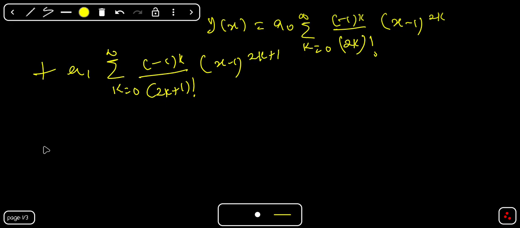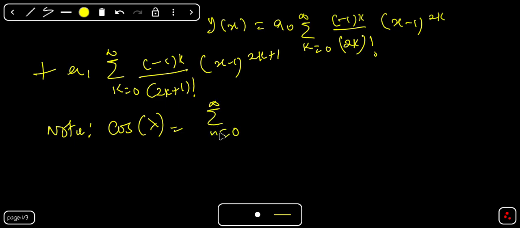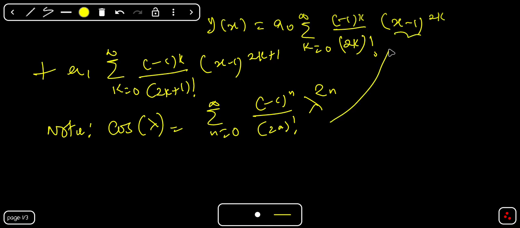Now note the power series for cos lambda. Cos lambda is equal to the sum of n from 0 to infinity of minus 1 raised to the power of n over 2n factorial multiplied by lambda raised to the power of 2n. So what do you notice here? Your lambda here is just x minus 1. So definitely this will be cos of x minus 1.